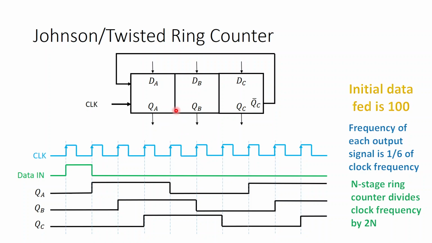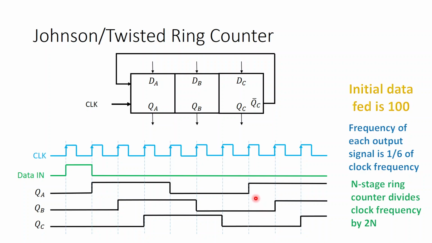Here, the number of flip-flops being 3, you can see the clock frequency is getting divided by 6. Each of these signals, QA, QB, QC, any of these, is giving you a signal of frequency 1/6 of the clock frequency, or in general 1/2n of the clock frequency.